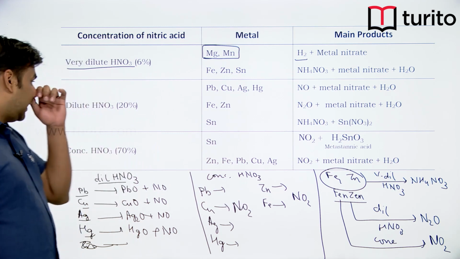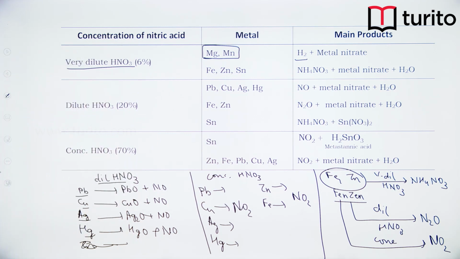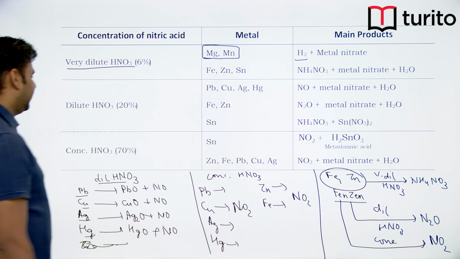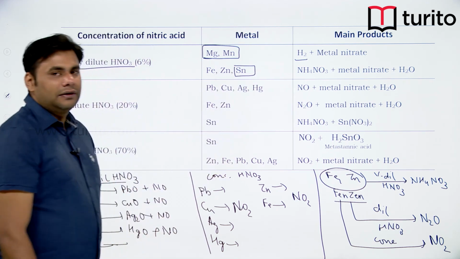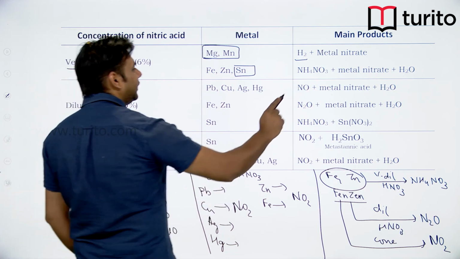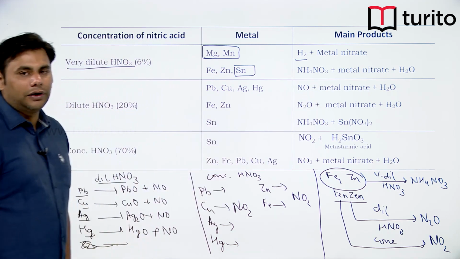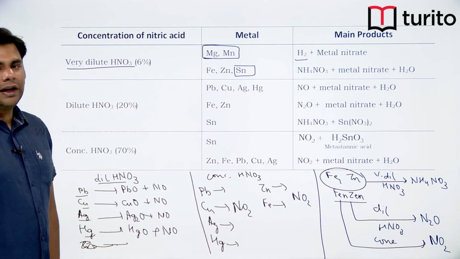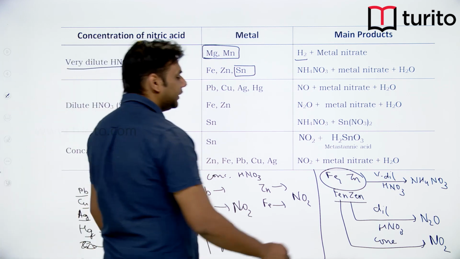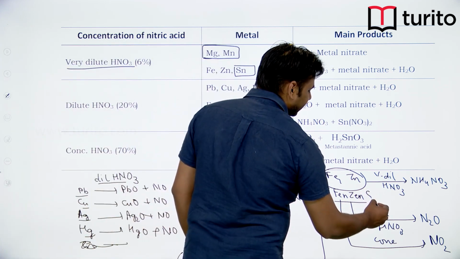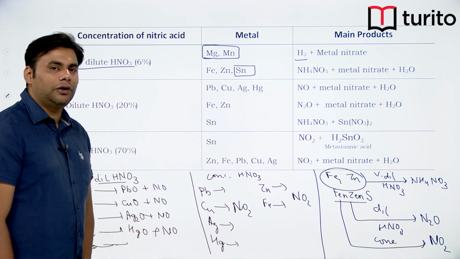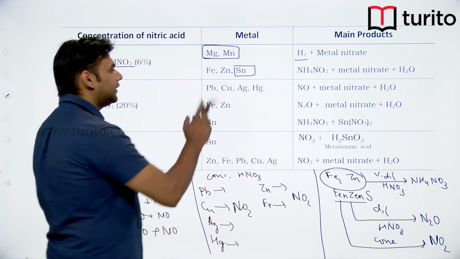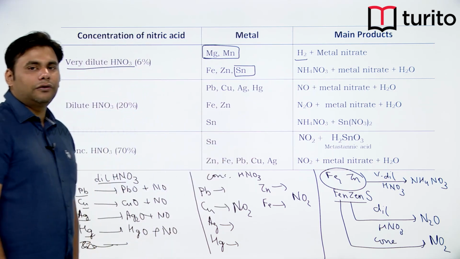Now another exception which you should remember is tin. Even tin, on reaction with very dilute HNO3, gives us NH4NO3. So you can remember this as Fenzens, where S stands for tin, so we get NH4NO3.